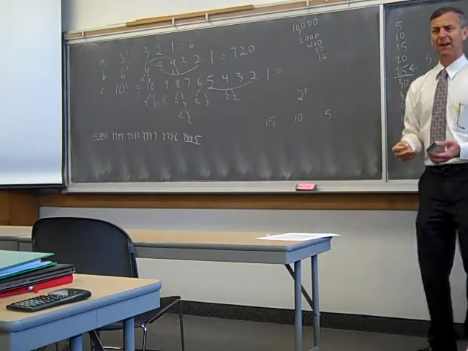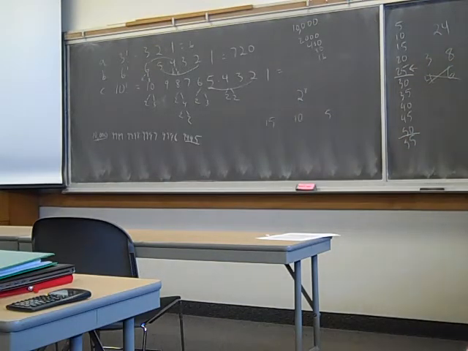All right? When are we going to stop? When do you stop? Let's just check the next one. What's 5 to the 5th? Well, it's this times 5. What's that? 3,125.